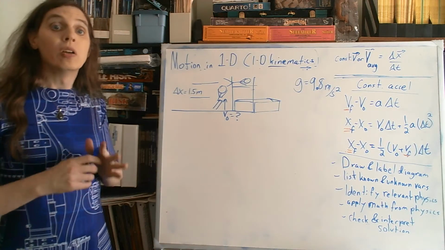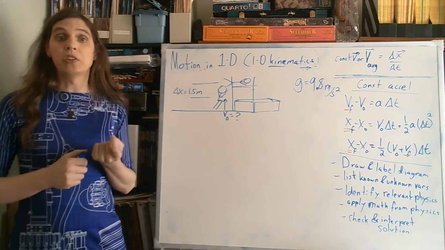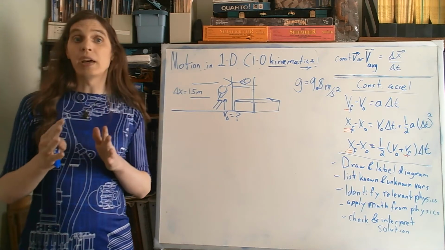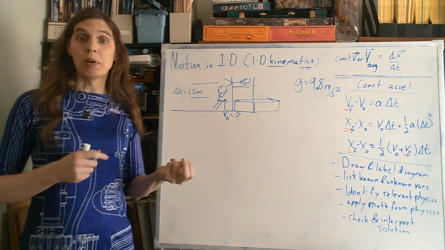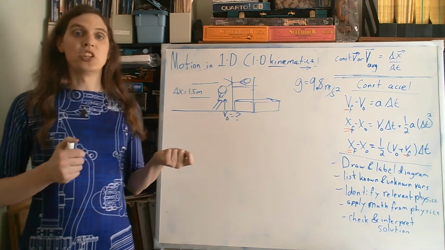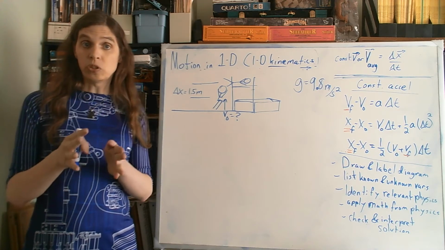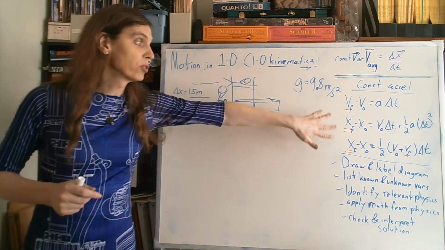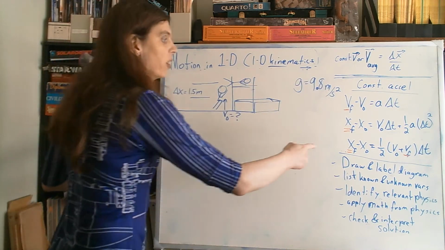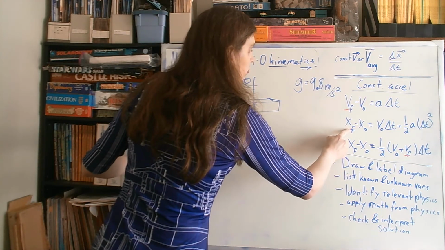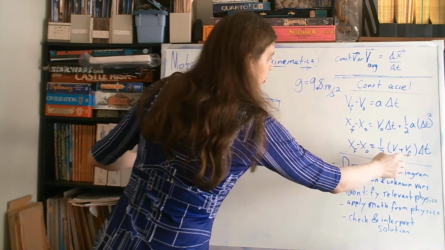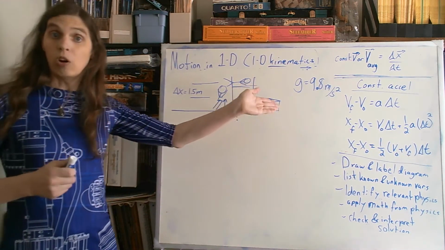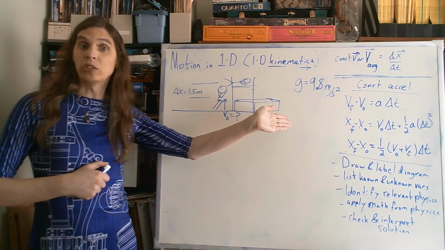Okay, so what we want to take a look at now is I want to analyze a problem involving high jump, and we're going to use this occasion to derive a fourth starting equation over here, to go along with our other constant acceleration equations.